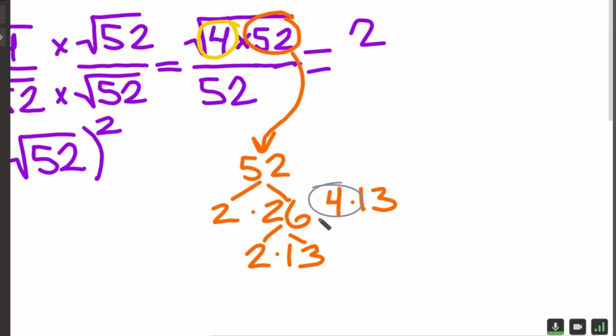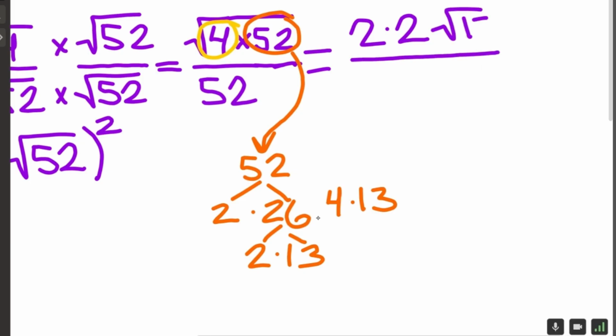Well, the square root of 4 is another 2, so we have another 2 we can take out. What about square root of 13? Can that be anything? Nope. It just is what it is. Square root of 13 is what is left over.